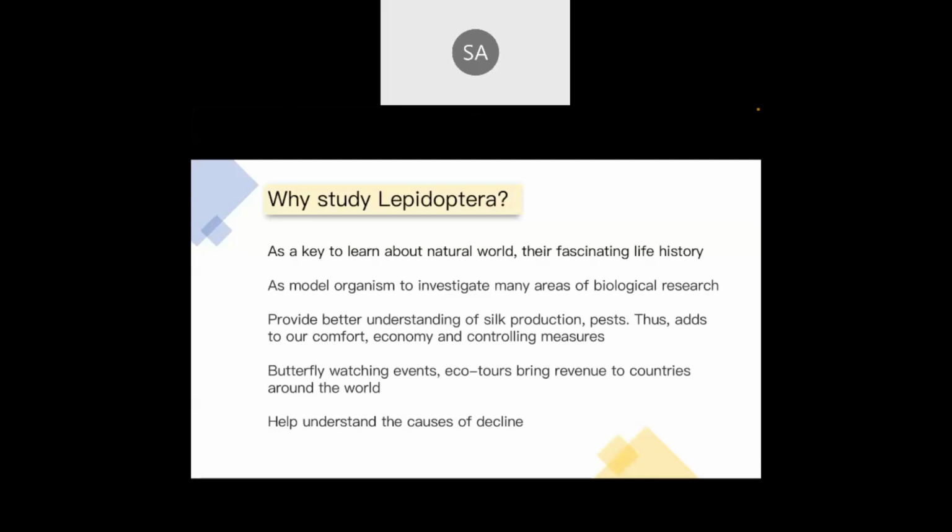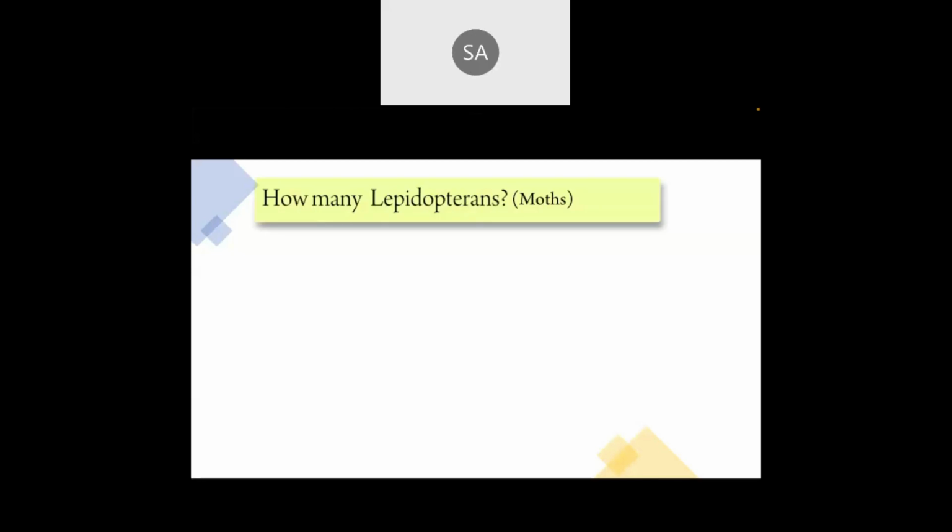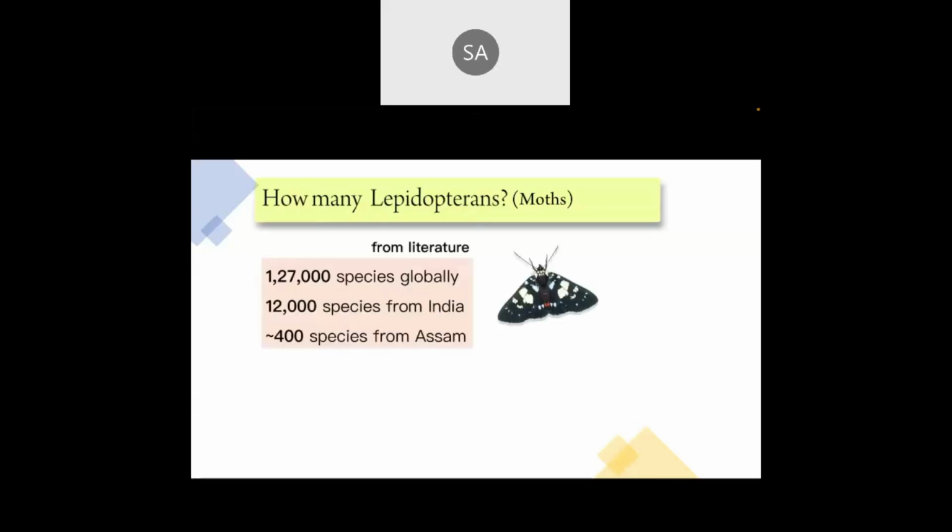So the next slide speaks about how many lepidopterans there are. According to different reports, we have this much species globally, 127,000 species. This is a report and an estimate, and 12,000 species are reported from India, and more than 400 species are reported from Assam.